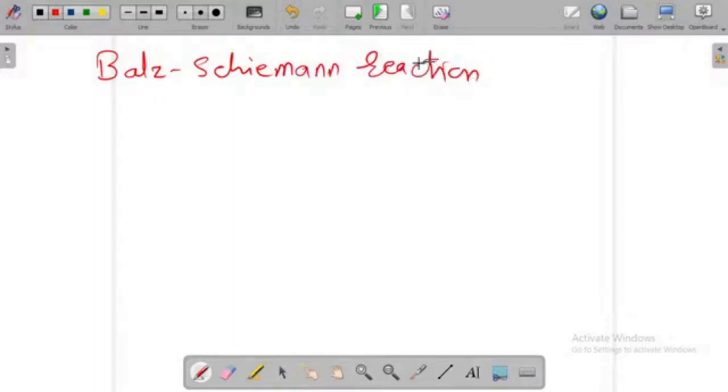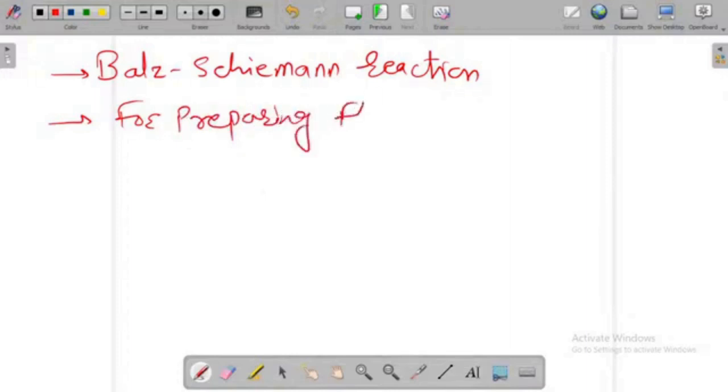Balz-Schiemann reaction. This reaction can also be known as the reaction with fluoroboric acid, or you can say the reaction which prepares fluorobenzene.